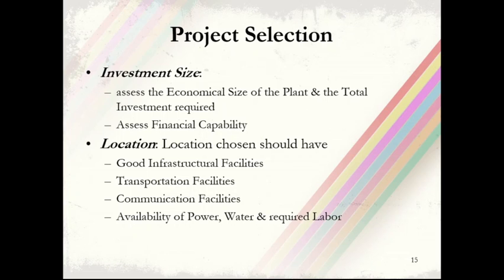That is, it is advisable to select a location nearer to bigger cities or industrial areas, so that setting up an enterprise in remote, rural or backward areas, which may be difficult when compared to the industrial area, is avoided.